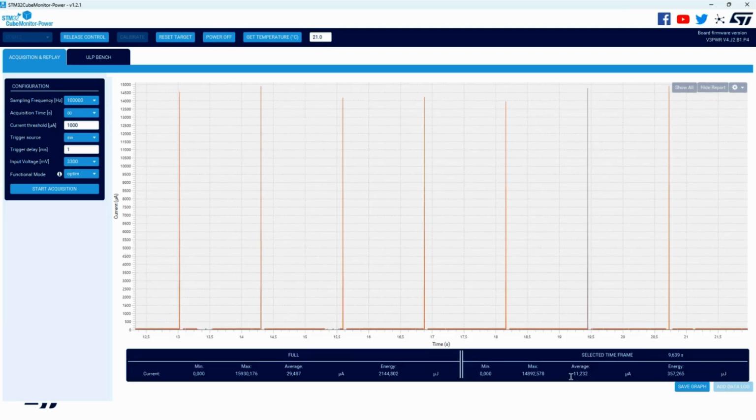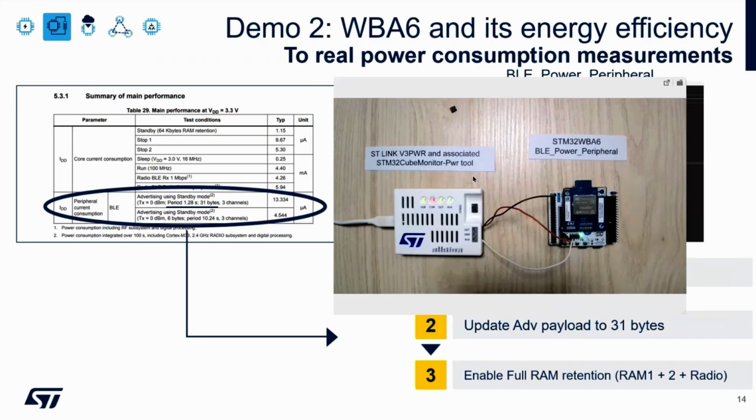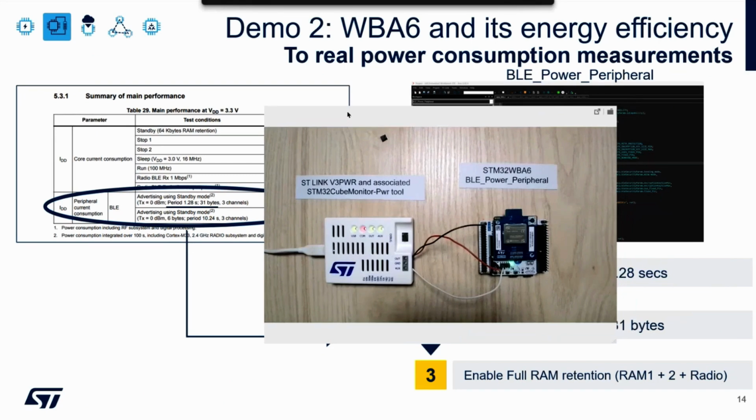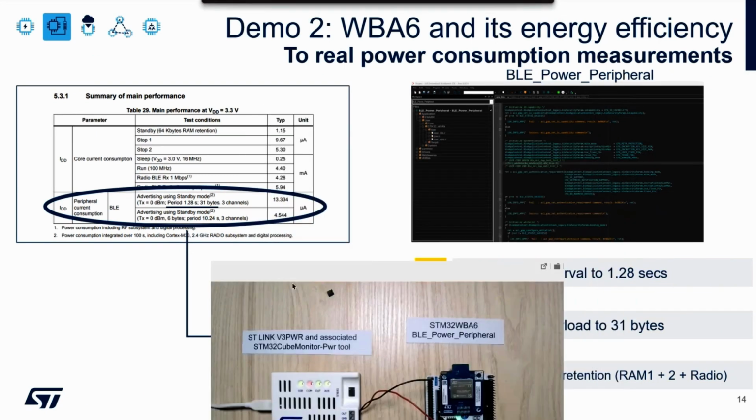You can see that I'm even far from the datasheet. Here, first, I have a golden sample, which is the one I'm using. And maybe the temperature condition, I'm not at 25 right now. But I've got very accurate and powerful measurements. So thanks to the tool, we have been able to easily replicate the datasheet measurement. And you can replicate all the measurements.